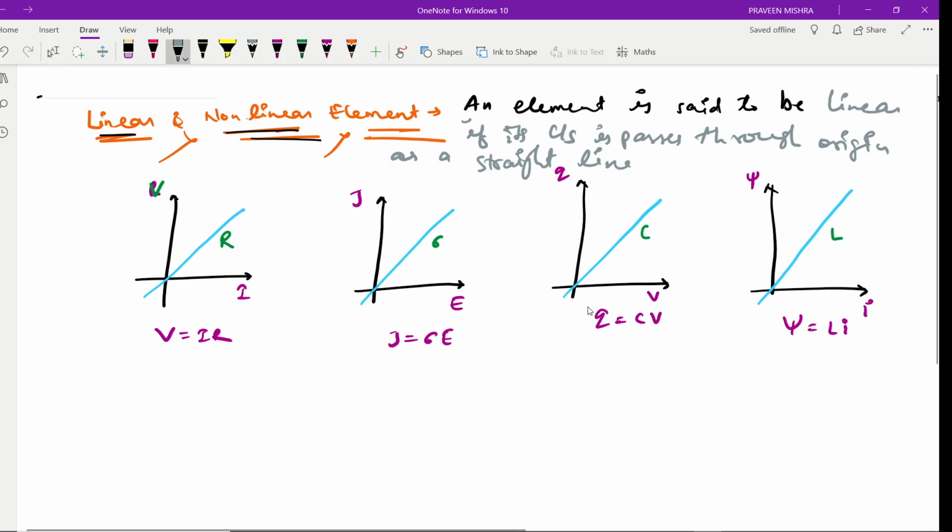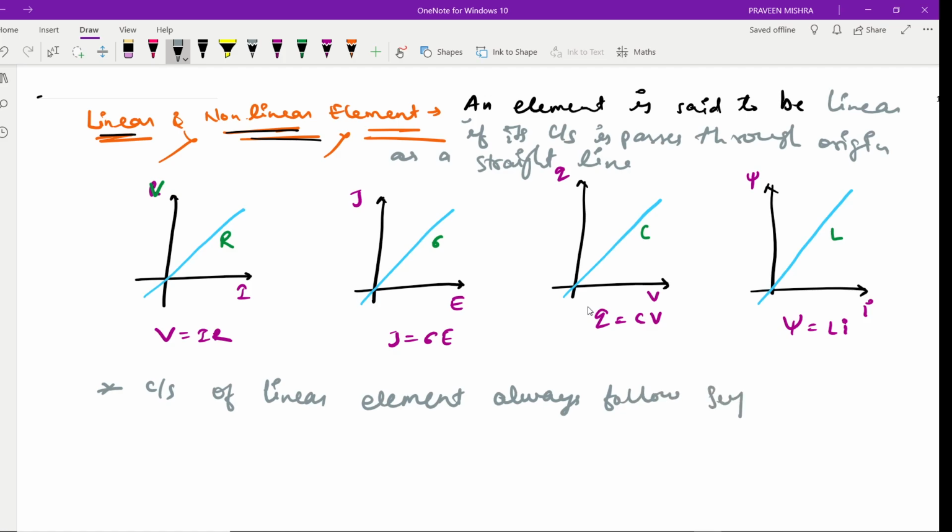The important point is that the characteristic of a linear element always follows the superposition rule. What is the superposition rule?